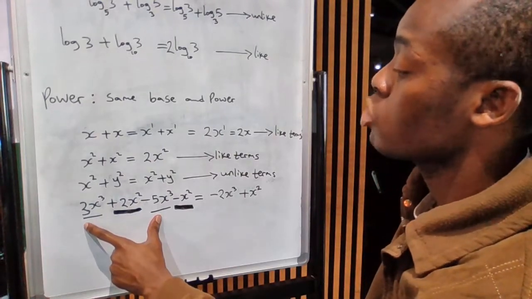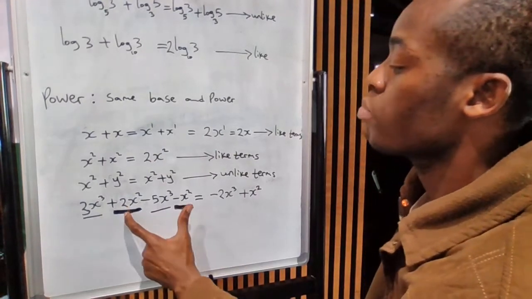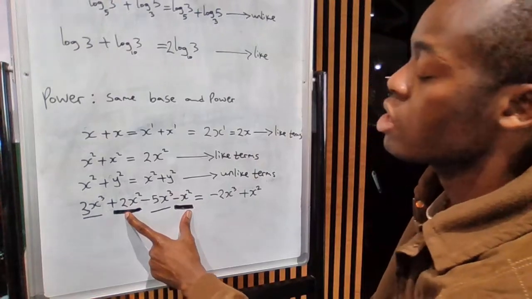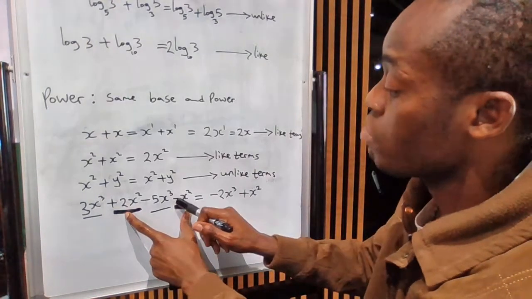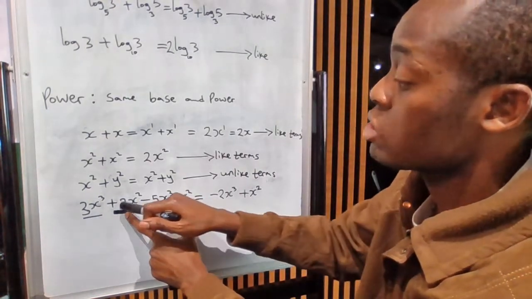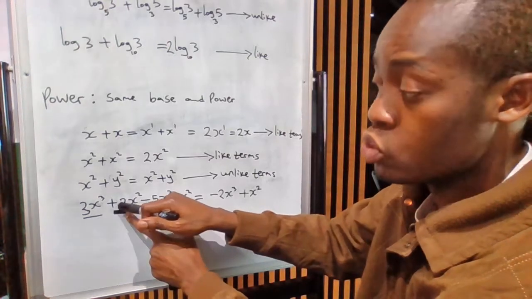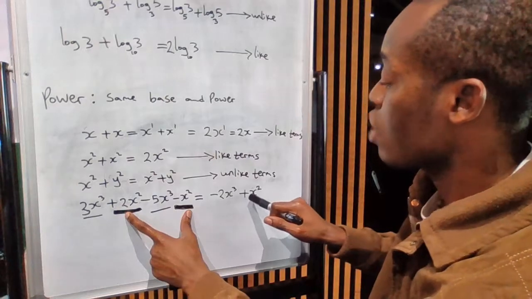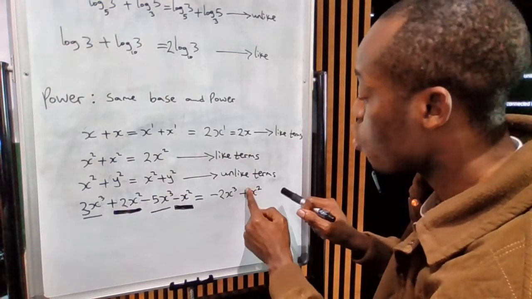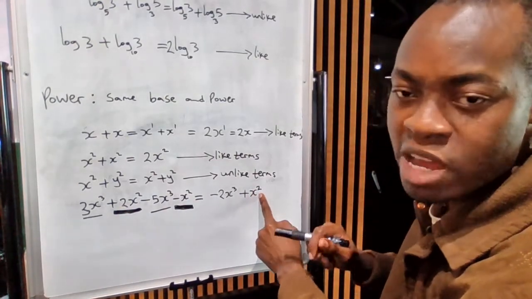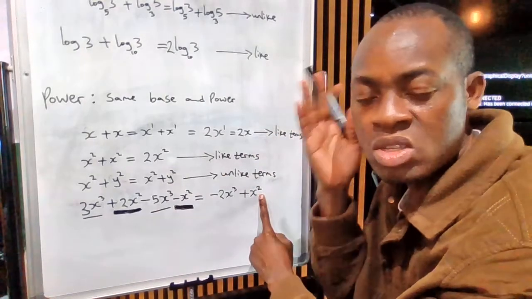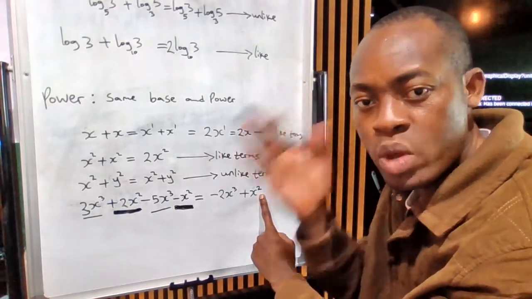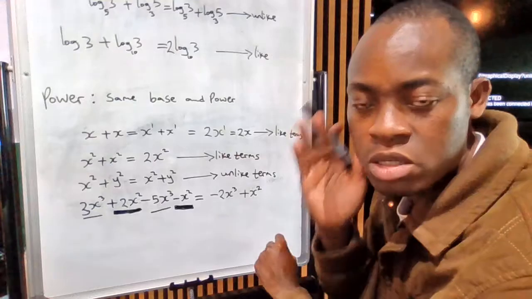That is what? Minus 2s cubed. Then plus 2s squared minus s squared will give you, that is 2 minus 1. So 2 minus 1 will give you how many s squared? It will give you 1s squared. Remember, in mathematics, 1s is still the same thing as s. 1s squared is still the same thing as s squared.